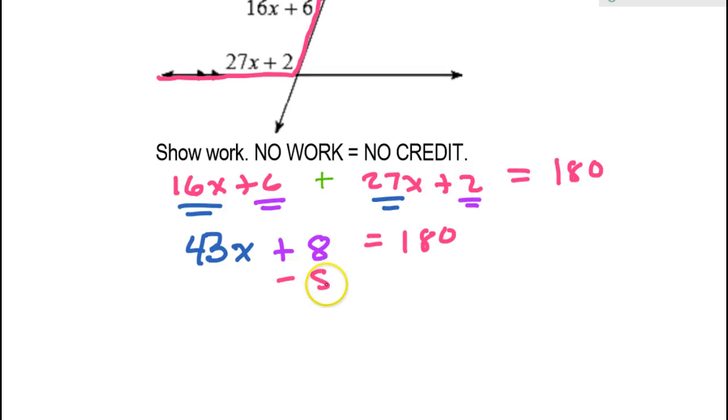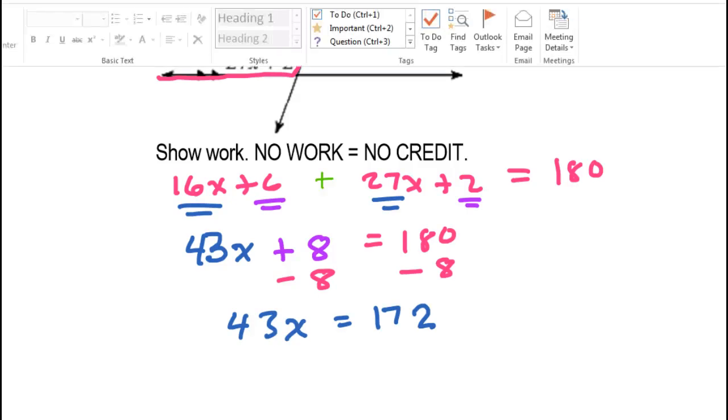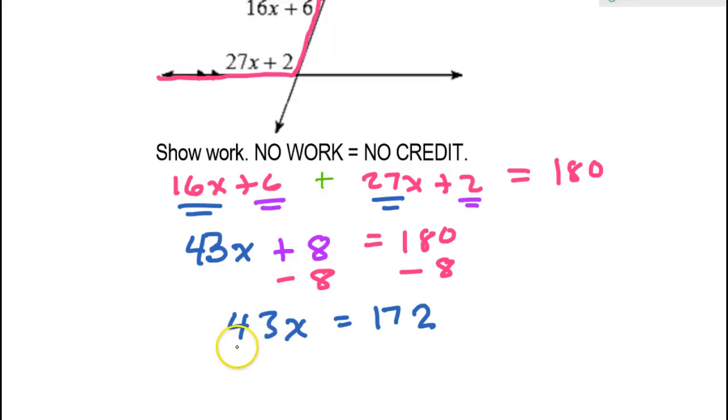So we just have to solve for x by subtracting 8 from both sides. So that's going to be 43x is equal to 172. And now we need to divide both sides by 43 to get x by itself.